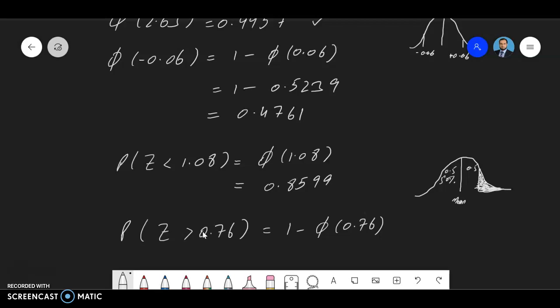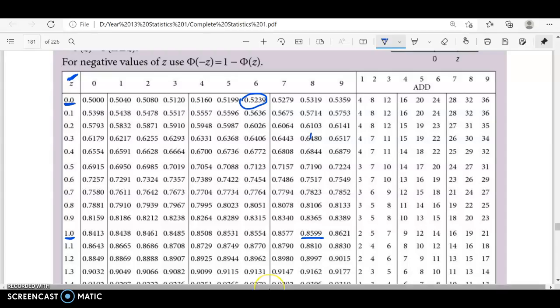So in this case, if it is greater than 0.76, we will subtract it from 1 again. We know the z-score, which is 0.76, so we will look for 0.76 from the table of values.